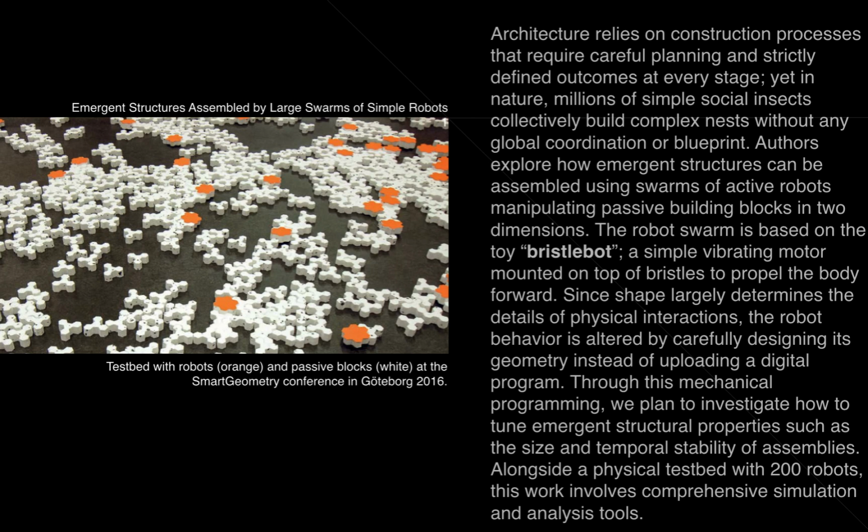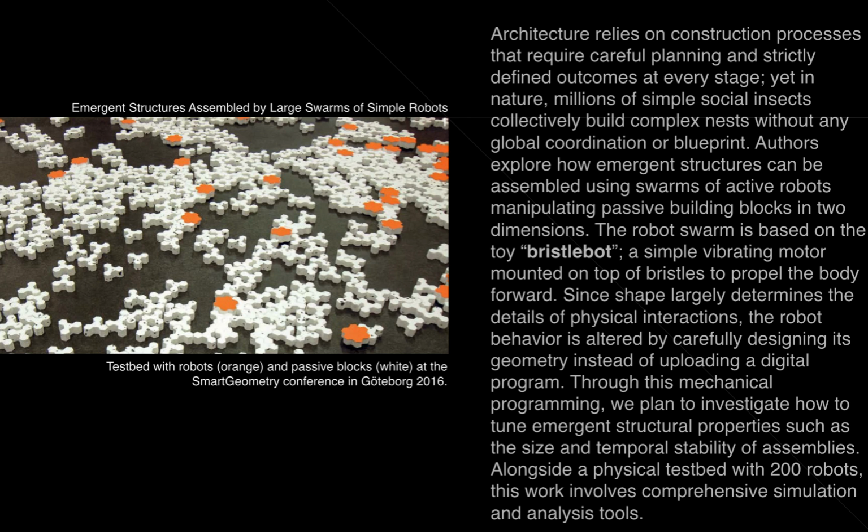The robot swarm is based on a toy bristlebot, a simple vibrating motor mounted on top of bristles to propel the body forward. This is an installation test bed with 200 robots, where the orange are active robots, electronically controlled, and white are passive robots.